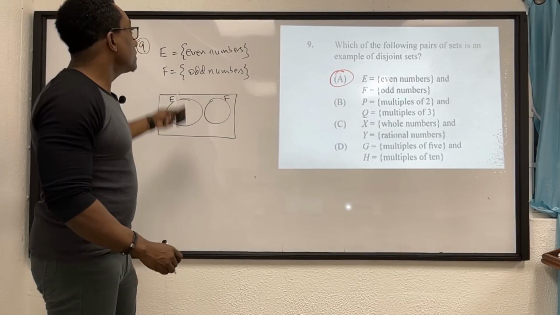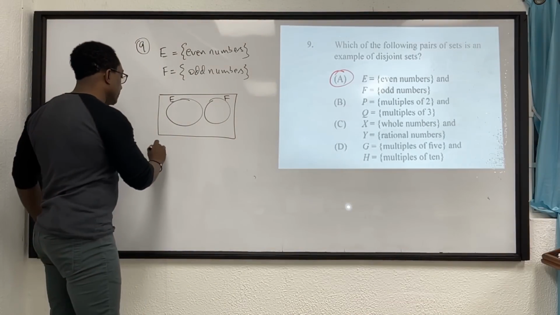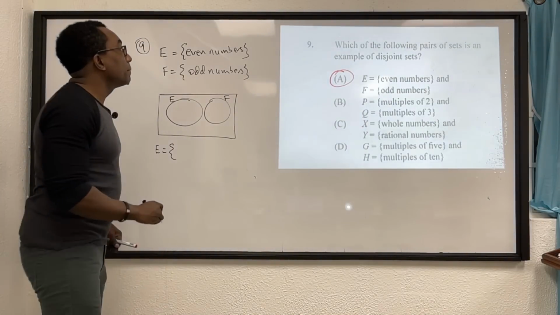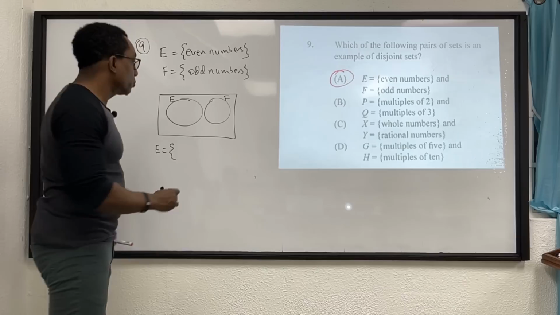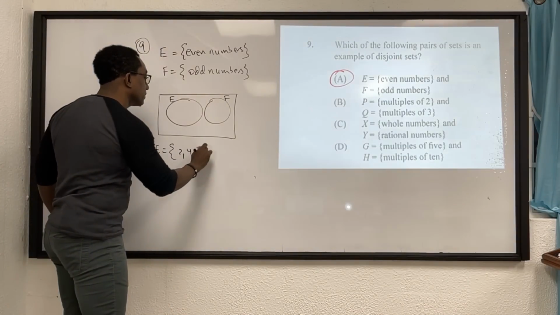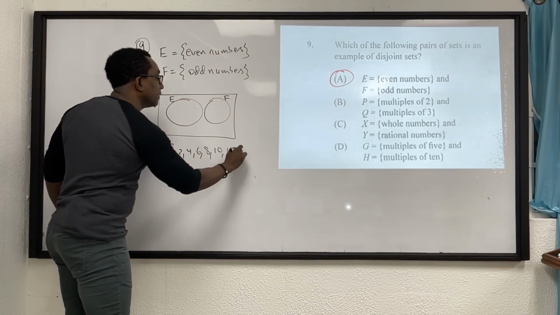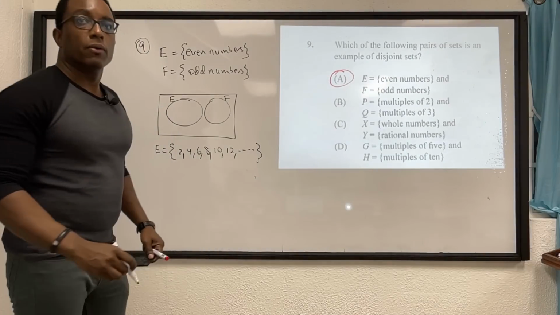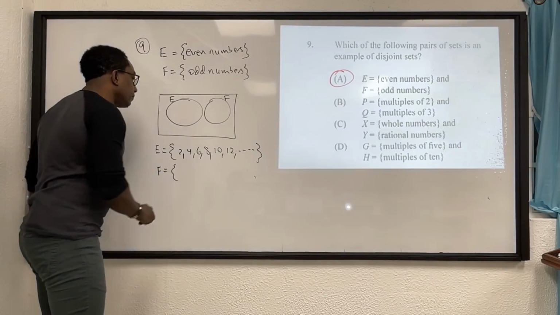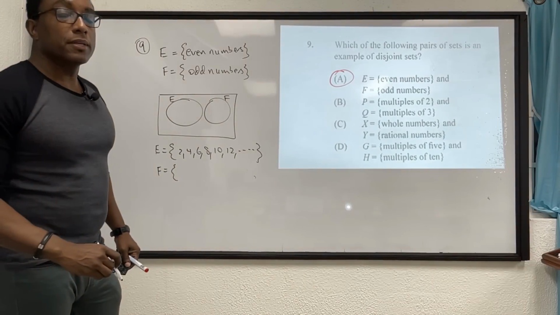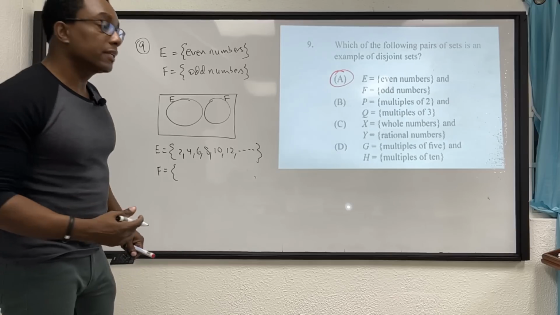Even numbers are numbers that can be exactly divisible by 2. So you're looking at 2, 4, 6, 8, 10, 12, and so on, all the way to infinity. And if we're looking at F, odd numbers are numbers that cannot be exactly divisible by 2.